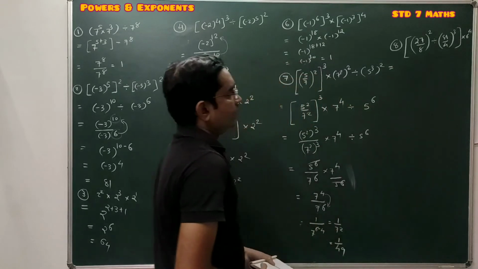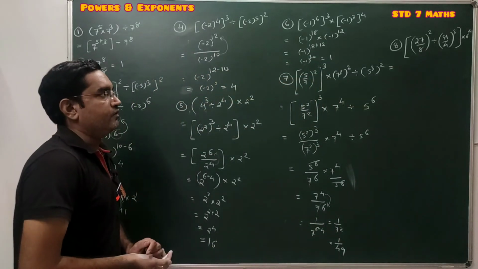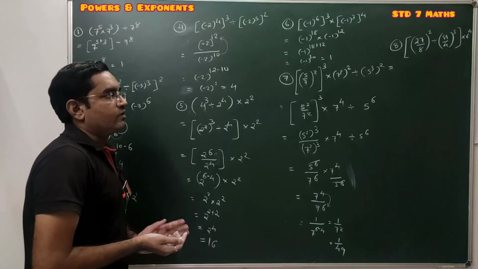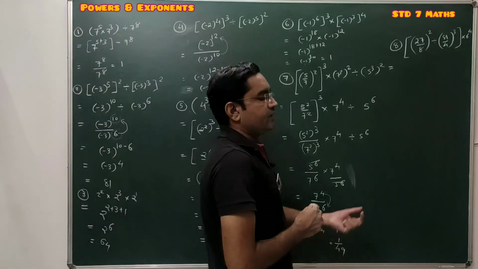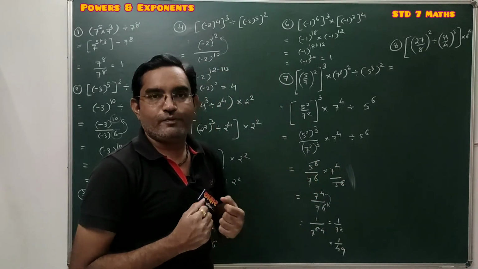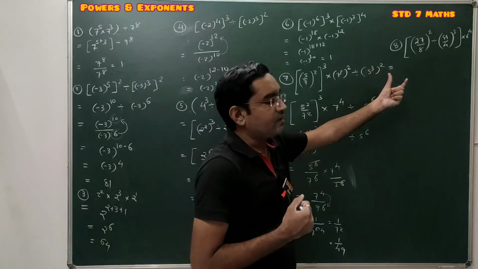Now here different numbers are given: 27, 8, 81, 4 and 6. For the simplification we have to apply the laws of exponents when the bases are equal.